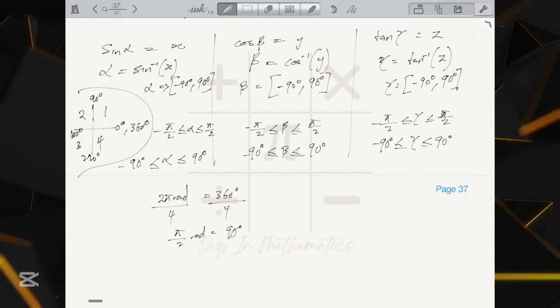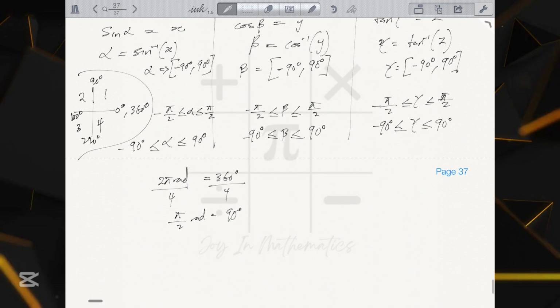If we are given the result y and we want to evaluate the angle beta, then beta will be arc cosine of the result y. Tan of an angle gamma is equal to the result z. If we are given the result z and we are asked to evaluate the angle gamma, definitely gamma will be the arc tan of the result z.